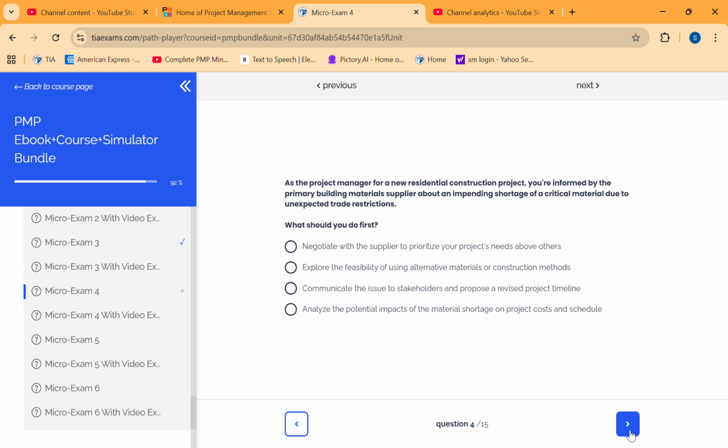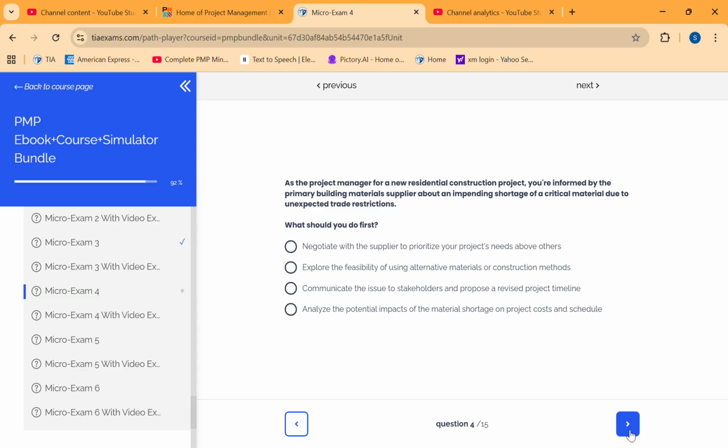As the project manager for a few new residential construction projects, you are informed by the primary building material supplier about an impending shortage of a critical material due to unexpected trade restrictions. Okay. I think there is a shortage of some material because of the trade restriction.